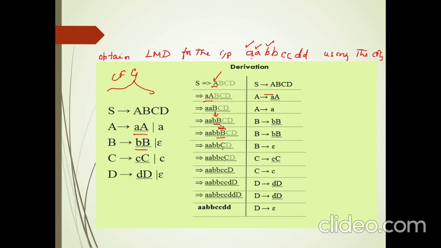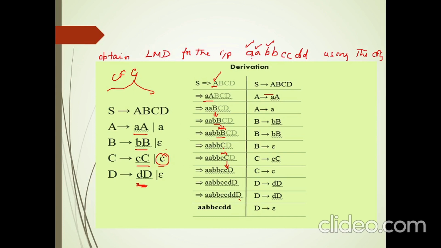Now the leftmost non-terminal is C. Let us apply the right production for that. Since I want two C's, first it is better to apply this, and then the next time call the next production. So C gives CC. Next time C is replaced by C. After that, the leftmost non-terminal remaining is D. As I want two D's, the right production to be applied is this.